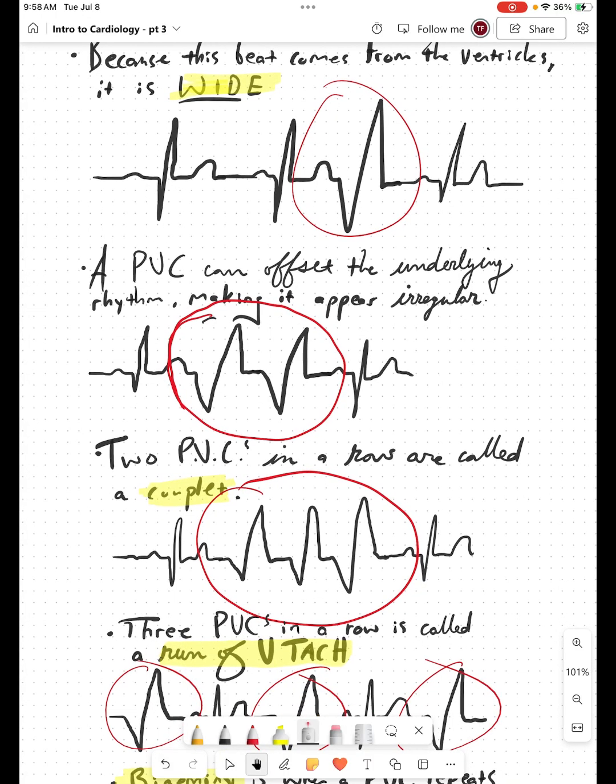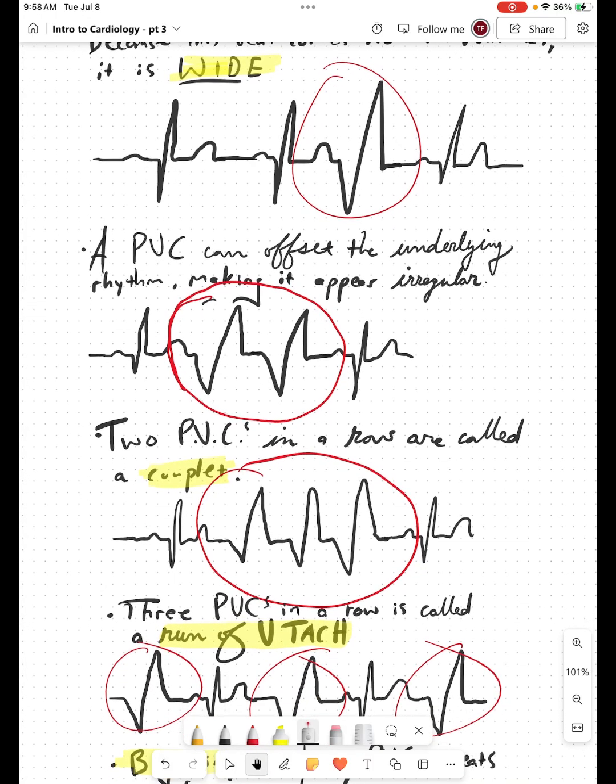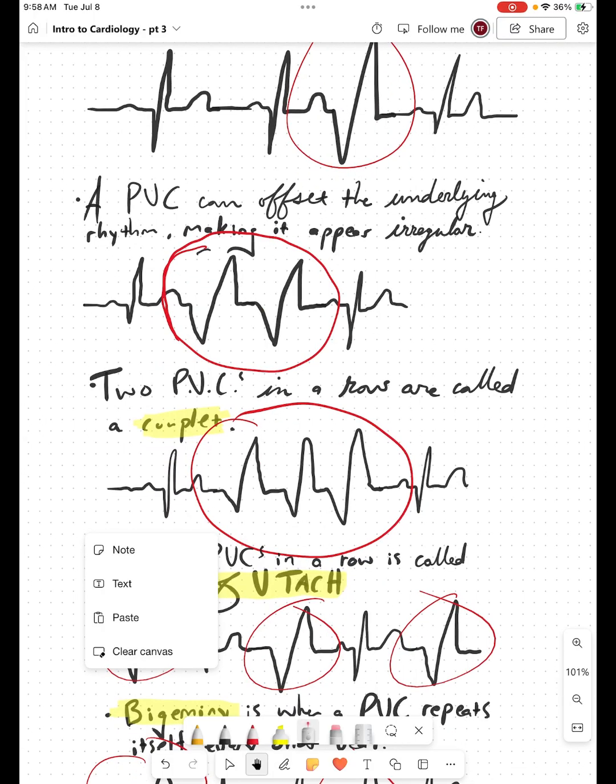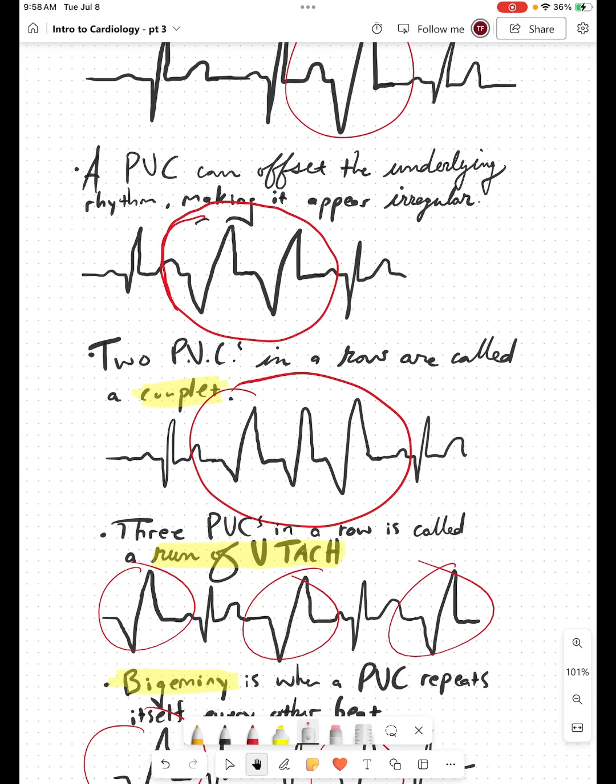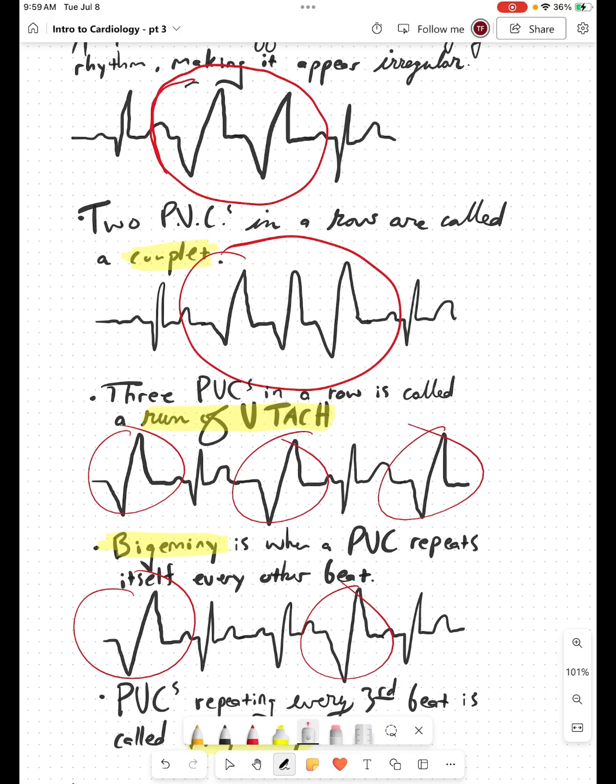Two PVCs in a row are called a couplet. Three is going to be called a run of VTach. So I have a couplet here, and then I have 1, 2, 3. That is what's called a run of VTach. And then we have bigeminy. What I'm describing is just different patterns of PVCs.